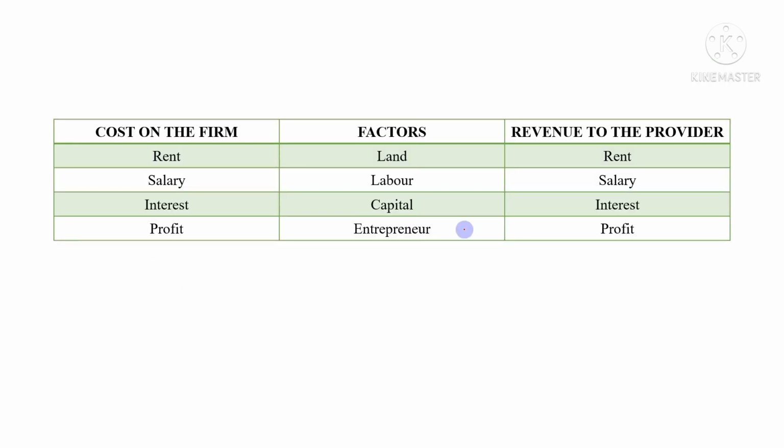Now look into the production factors and the relations very carefully. Suppose, for example, the land. If these are the factors of production, whatever amount of expenditure is on the cost of the firm will also be the revenue to the producer of the service or product. For example, the firm is taking the land on lease from a person, let's say person X. So what will the firm give?